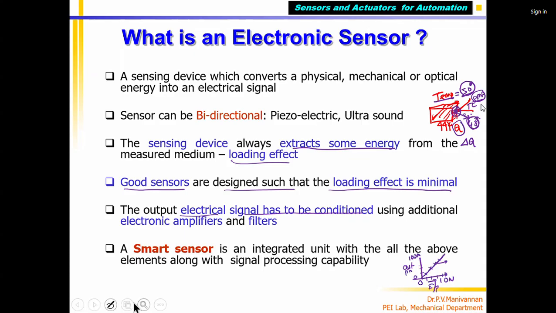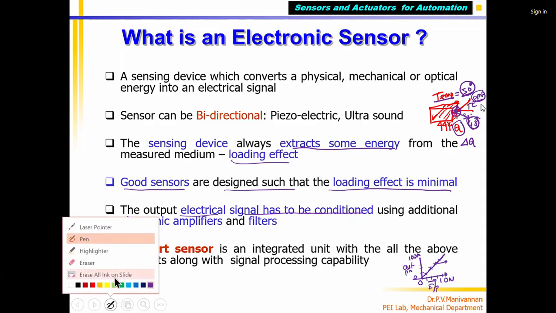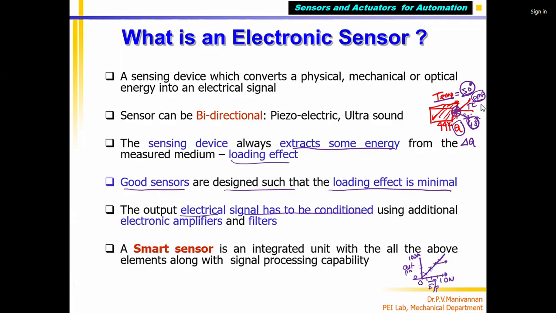But actually, if you measure the transducer output using an oscilloscope, what is coming? If, for example, my input force is 10 Newton, I apply the force and I am measuring the output signal.